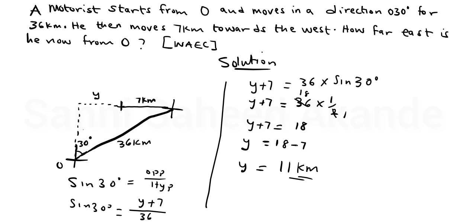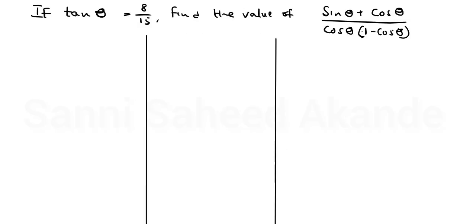All right, so let's take a look at another example. The question says, if tan theta is equal to 8 over 15, find the value of sin theta plus cos theta divided by cos theta open bracket 1 minus cos theta. Okay, so let's solve this together. Solution. So we are given that tan theta is equal to 8 over 15.